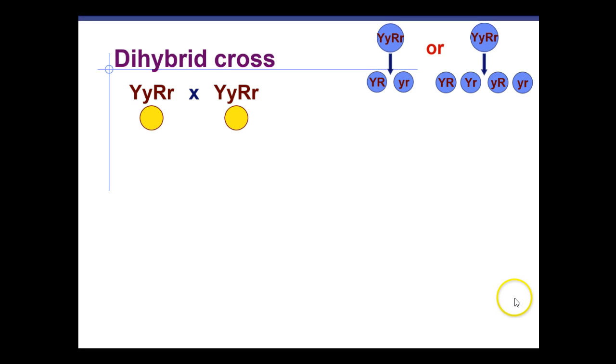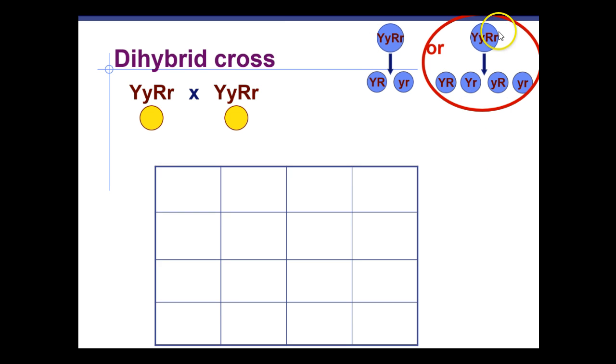Here's an example of a dihybrid cross. This is the wrong way here, so we would say this is actually the way it works. This is a trait for yellow and green seeds and round and wrinkled seeds, where yellow is dominant over green and round is dominant over wrinkled.